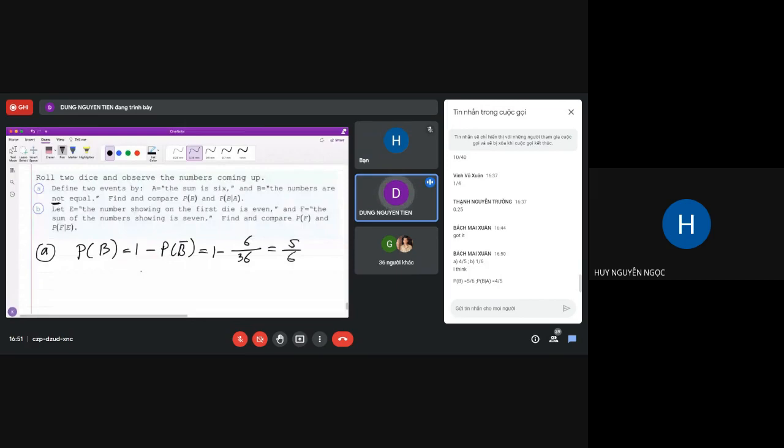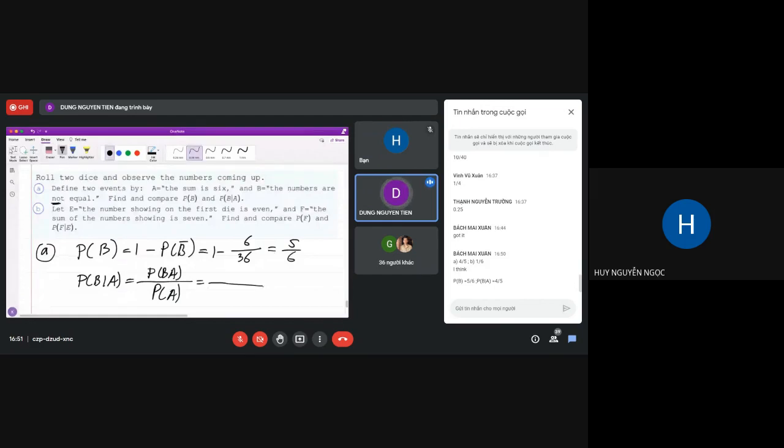For the conditional probability of B given A, what do you get? B given A, you should get the joint probability BA over the probability of A. The probability of A is the probability that the sum is 6, so you get 1 and 5, 5 and 1, 2 and 4, 4 and 2, 3 and 3.